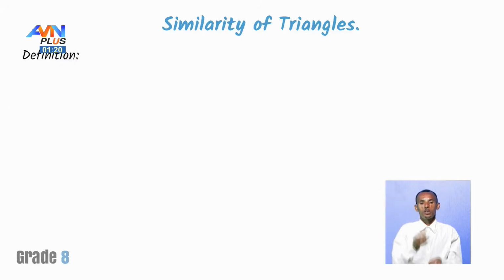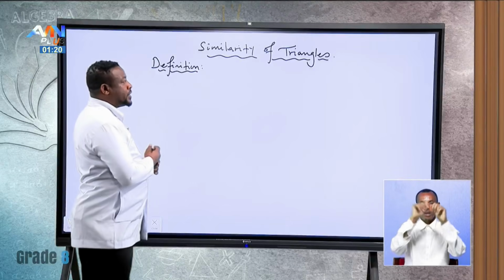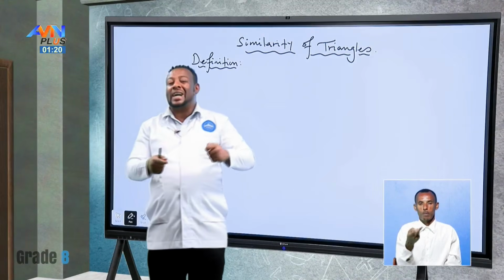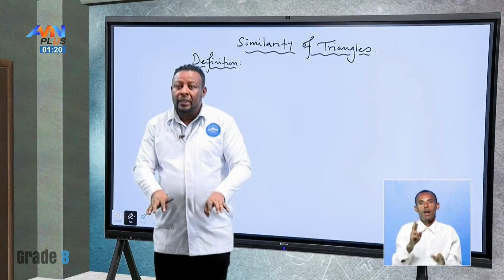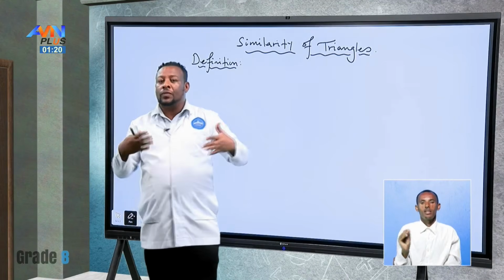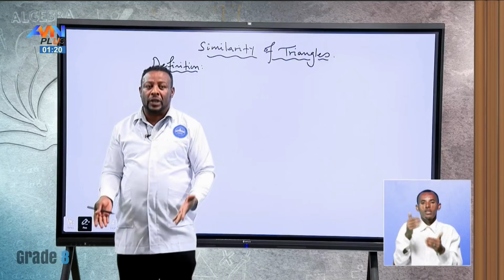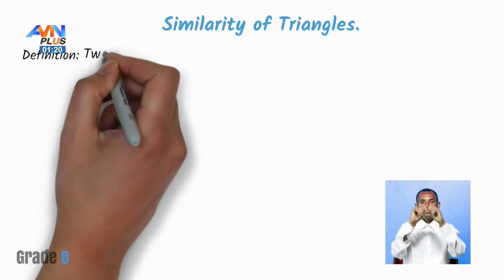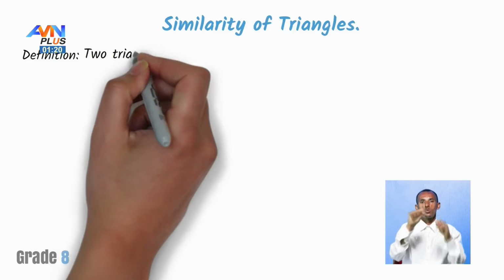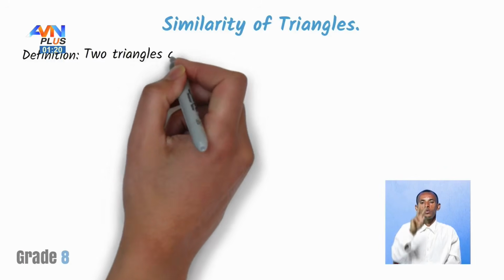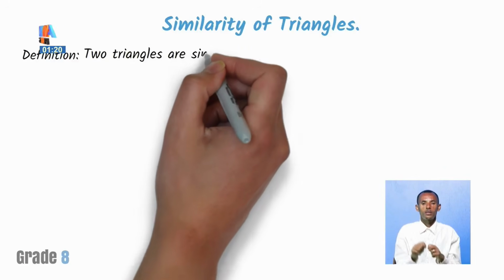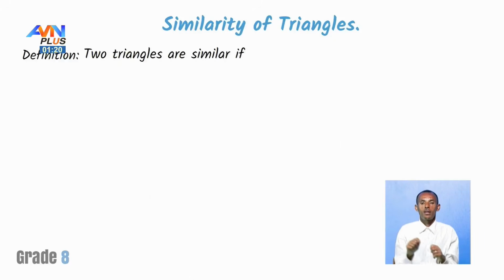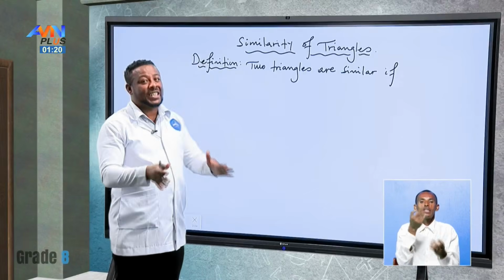So by definition, two triangles are said to be similar if the pairs of corresponding angles are congruent and the ratio of the corresponding sides are proportional, okay? Two triangles are similar if these two conditions are satisfied.